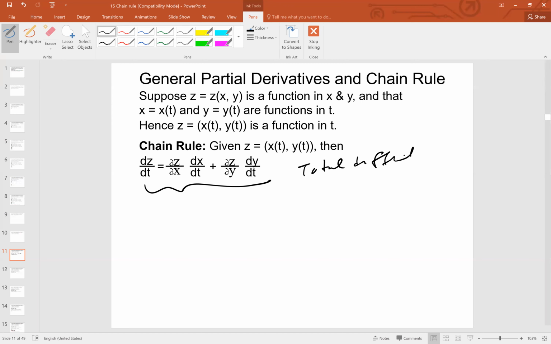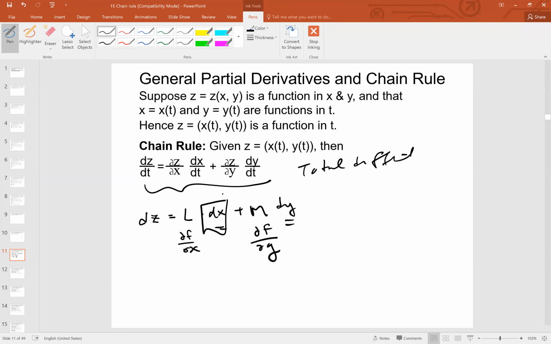Remember, the total differential of z is equal to partial f partial x times dx plus partial f partial y times dy, the gradient dotted with the differential dx, dy.